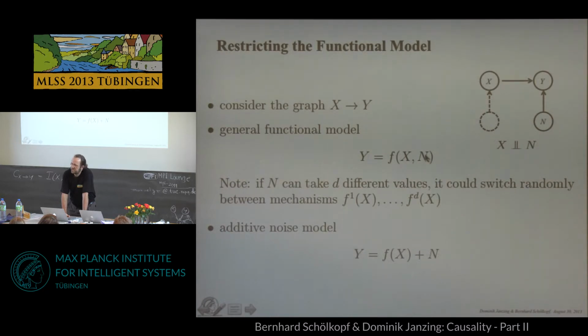So we have to make an assumption that in some sense this function depends on the noise in a simple way, and the simplest such assumption is probably that the noise is additive. So that's our major assumption for the next 10 minutes. And one can think about how to justify it in various ways.